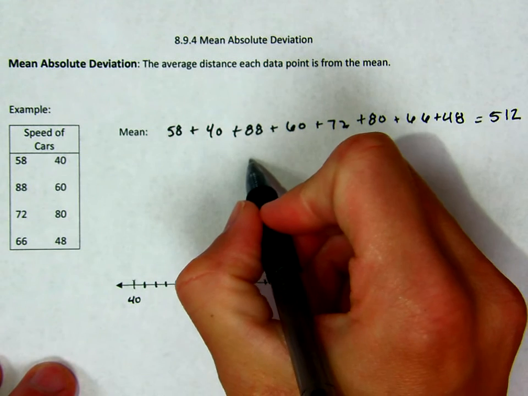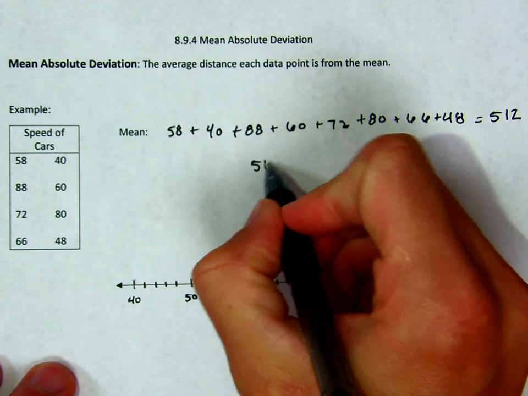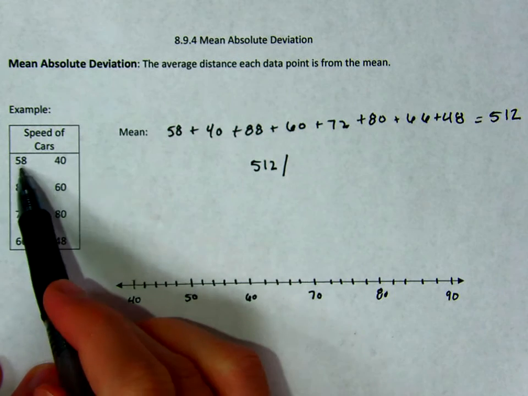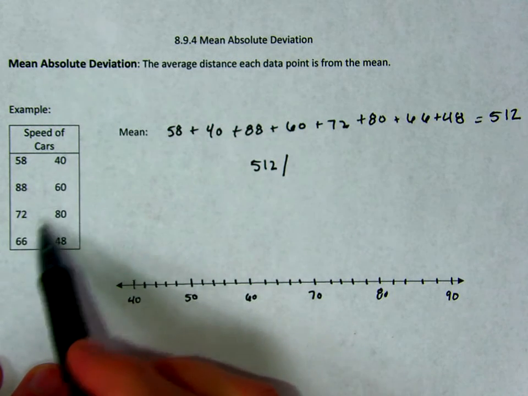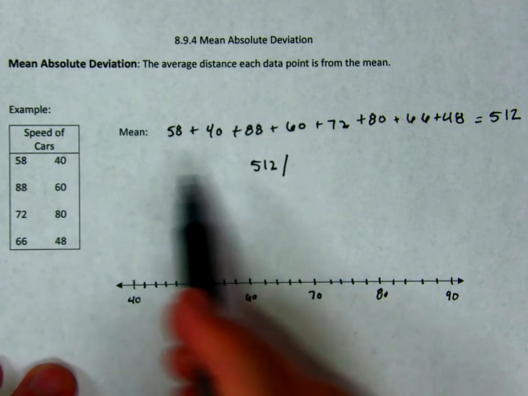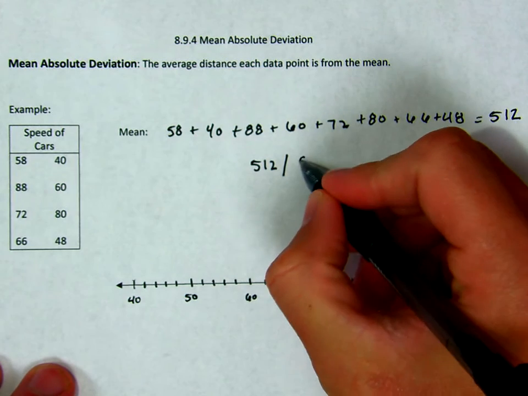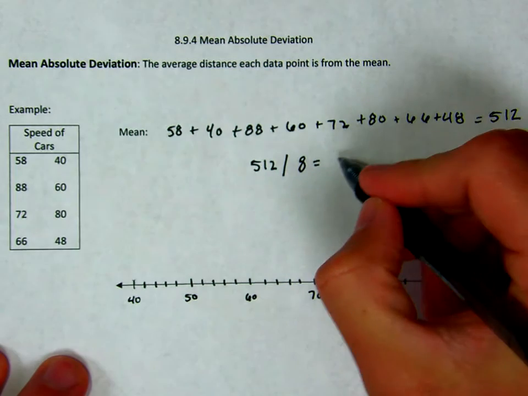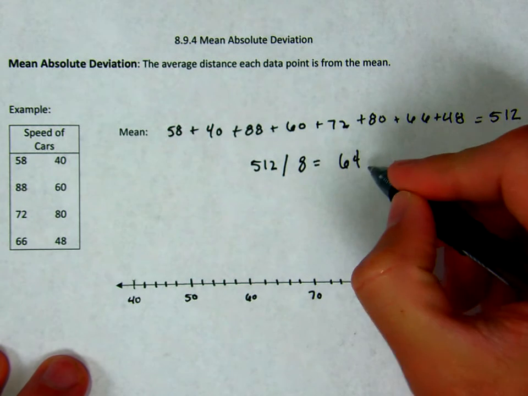Now we need to take our total, 512, and divide by the number of values we have. So we've got 1, 2, 3, 4, 5, 6, 7, 8. So we're going to divide our total by 8 to find our average. And our average is 64 miles per hour.